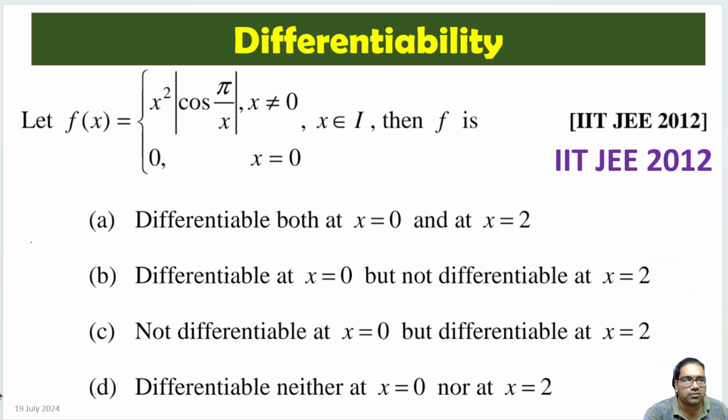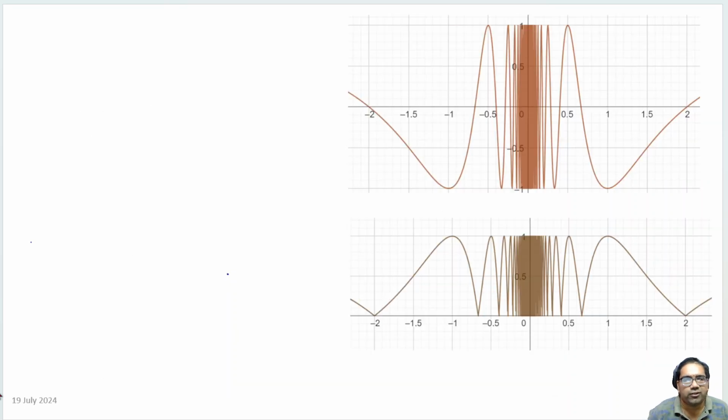If you look at these graphs, this is cos(1/x). Like we discussed, just after 2 it is positive, and just before 2 it is negative. Sorry, this is cos(π/x), not 1/x. Cos(π/2) is 0, so at 2 it is 0.